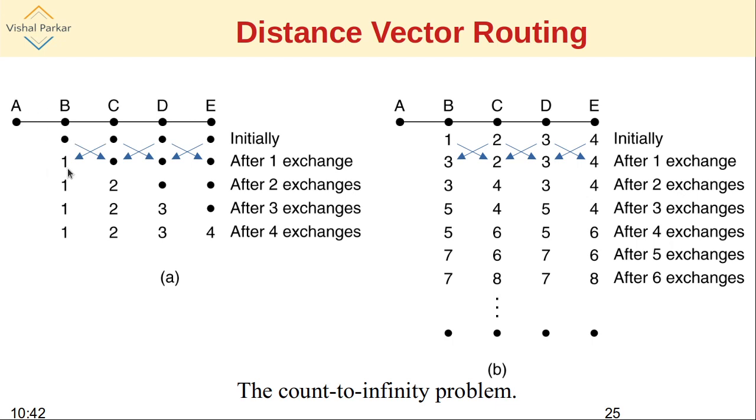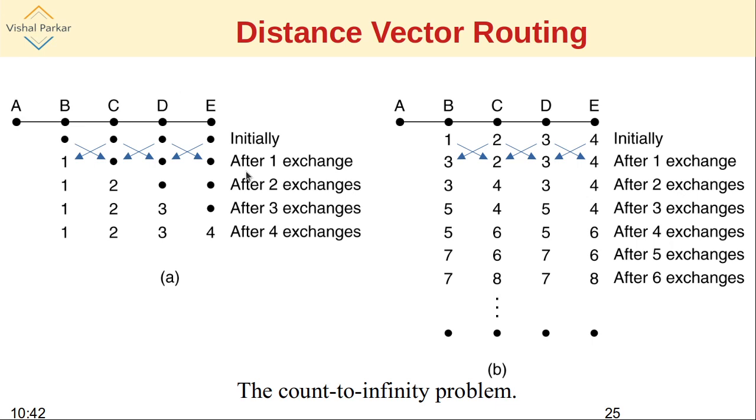It is B which initially gets the information that it can reach A with a hopping distance. Let us say the distance metric is now the hopping distance. So it can reach A with a hopping distance of 1. So B now has got the new distance to reach A as 1, which was initially infinity.